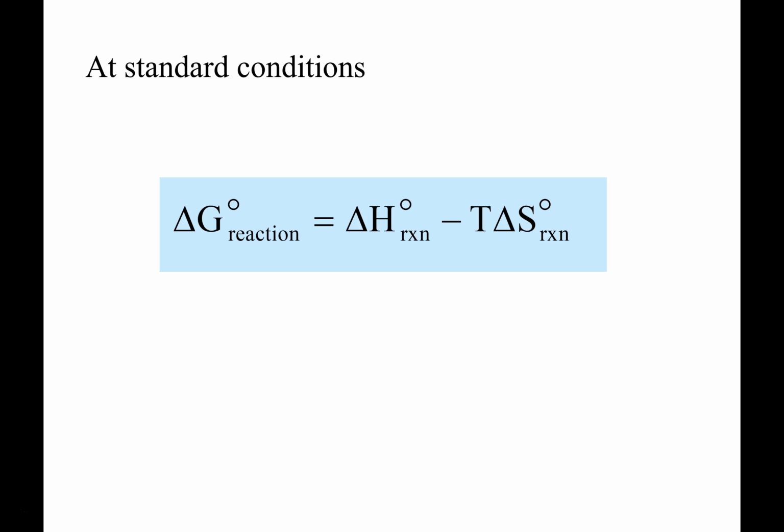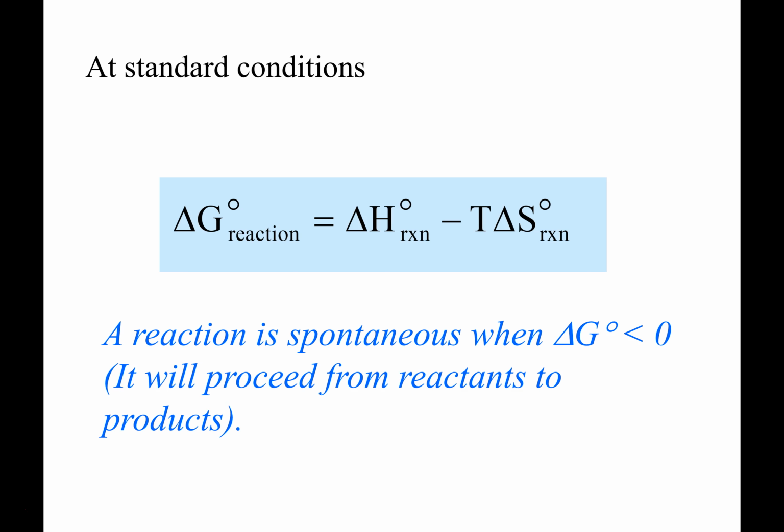This blue box information will be on your sheet for your Unit 5 exam. We can test what a reaction is going to be with regard to spontaneity by coming up with a value for delta G. Delta G is delta H, enthalpy, minus the temperature at which it occurs, times delta S.